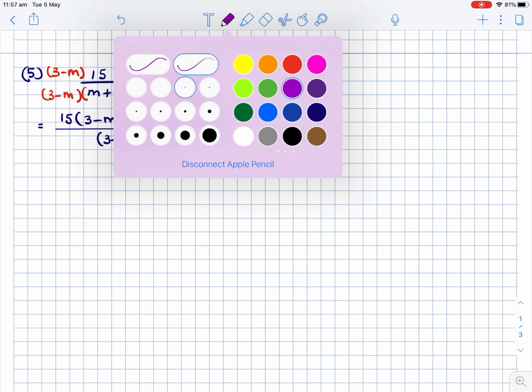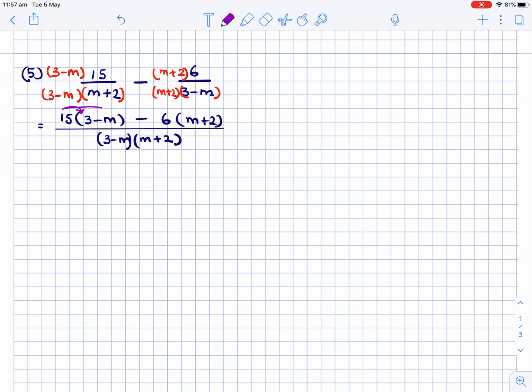Now we need to expand. Make sure negative sign is included with 6. You get 15 times 3, 45. 15 times -m, -15m. -6 times m, -6m. -6 times plus 2 is -12 over.